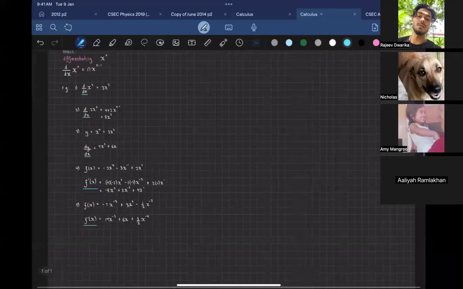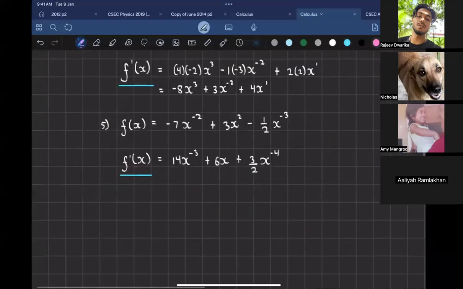Let's look at a slightly different situation. What would happen now if we differentiate a constant? Oh yeah, can you tell me where's a constant?